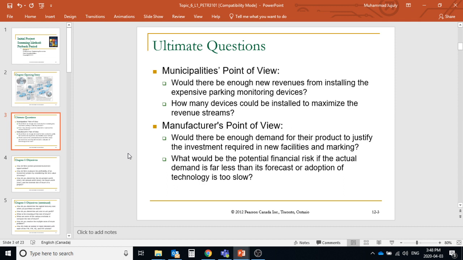Another is the supplier's point of view, in this case the municipality and the manufacturer. The manufacturer is a supplier, so they want to sell the product. If you have enough demand for the product, they want to create the demand to supply.